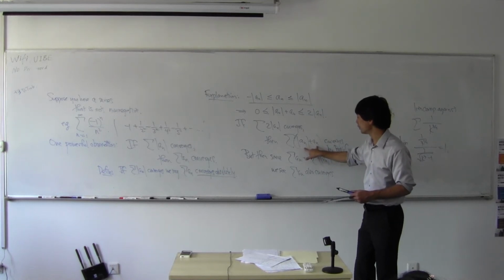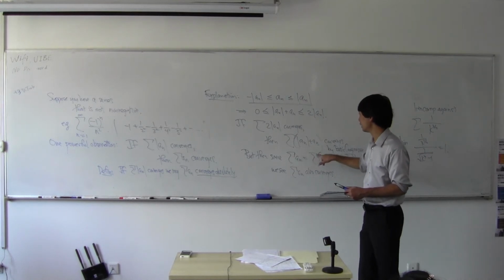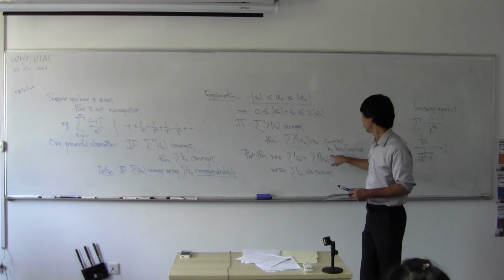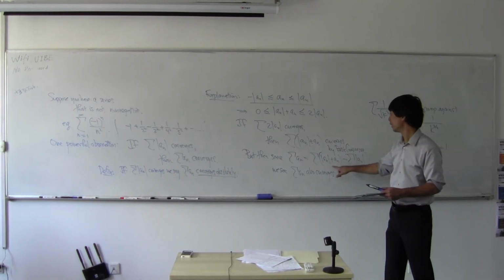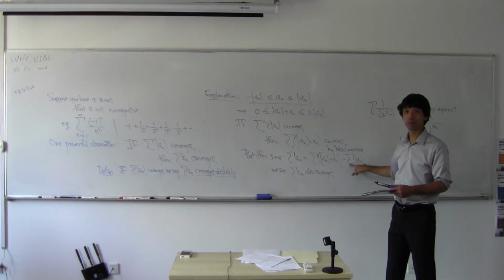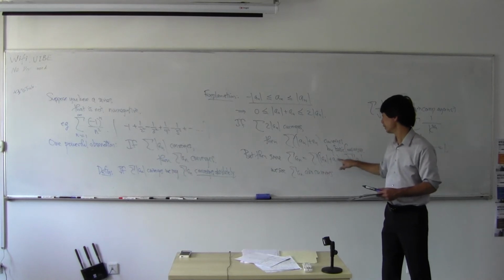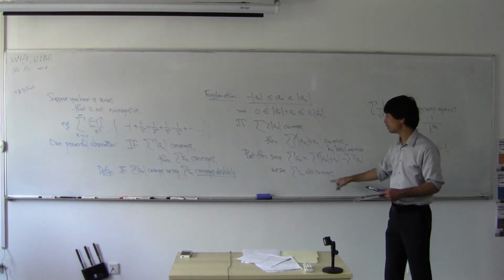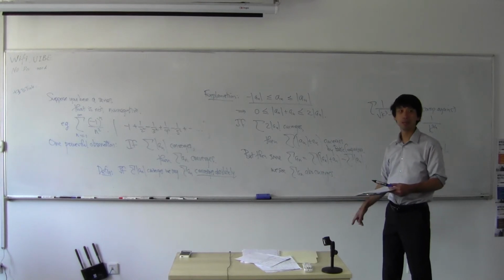Then you observe that the sum of the a sub n is the sum of this thing minus the sum of this thing, which is a convergent series minus a convergent series, so it's going to converge to some number.